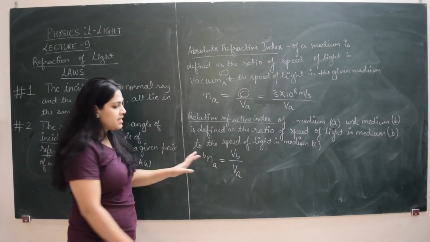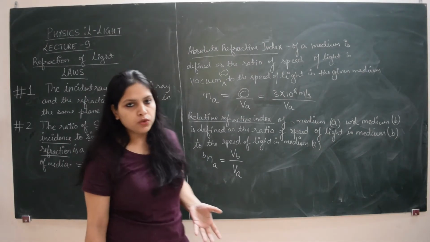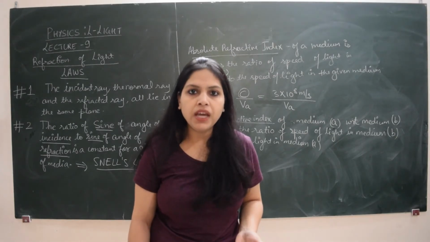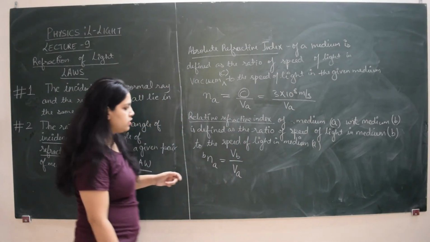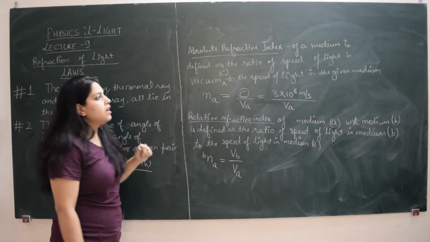In this case there are three variables. Out of these three, any two will be given to solve the numericals, and the third one has to be determined using this relation. That is how you can understand relative and absolute refractive index.